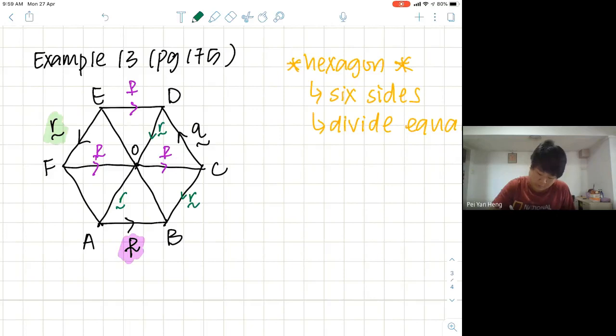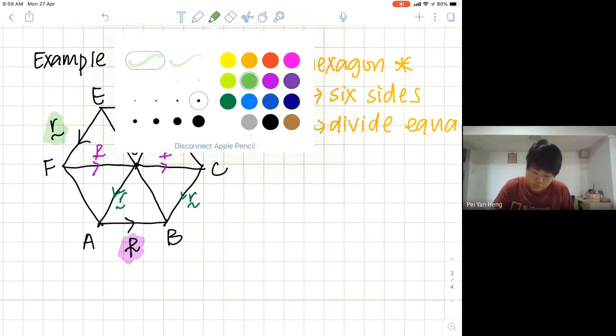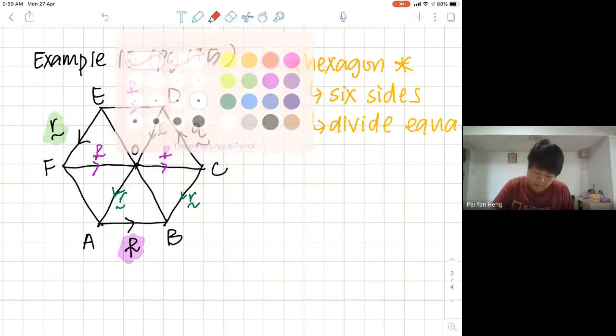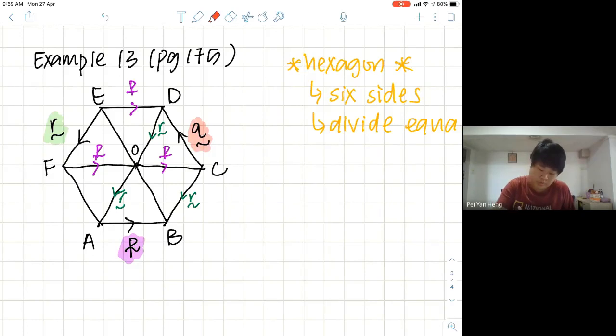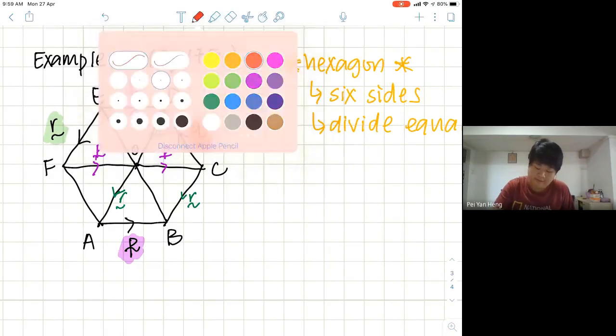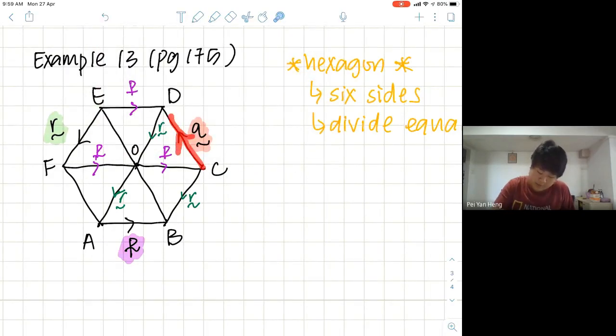Okay, let me draw a bit bigger. And so if we use red for vector Q, vector Q is going upwards.